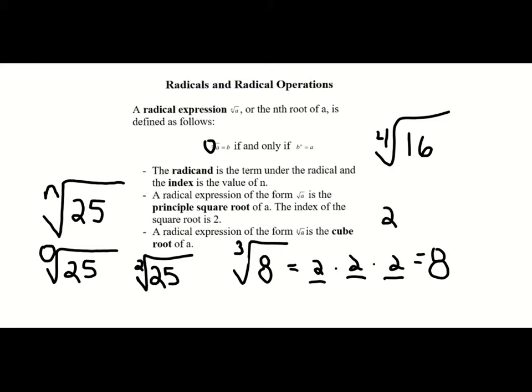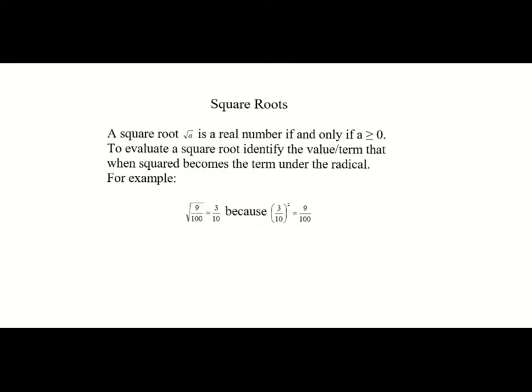So 2 to the 3rd power is equal to 8, or the cubed root of 8 is equal to 2. Because we're just looking for what is the root of that problem. What can I multiply together the number of times equal to the index to get the number, the radicand on the inside.